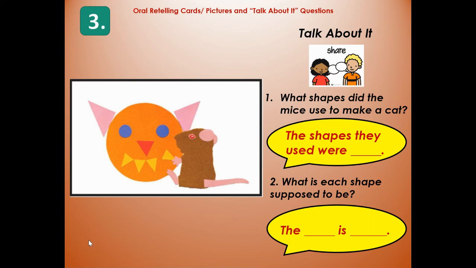Well, the blue circles are supposed to be the eyes of the cat. The pink triangles are the cat's ears. The red triangle is the nose, and the yellow triangles are the mouth. And did I already say the orange circle is the face of the cat?